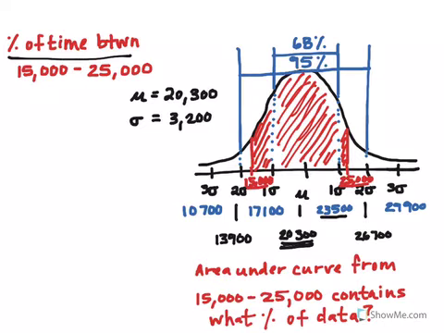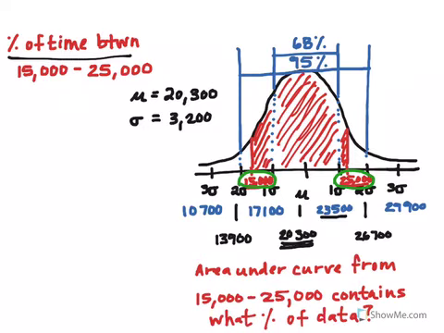Well, the short answer to that, and I'm going to explain the longer answer in another video, is simply to find the z-score at 25,000, which can give you the percent of the time that you would make above and below, and then also find the z-score of 15,000, and then just find the difference between those.